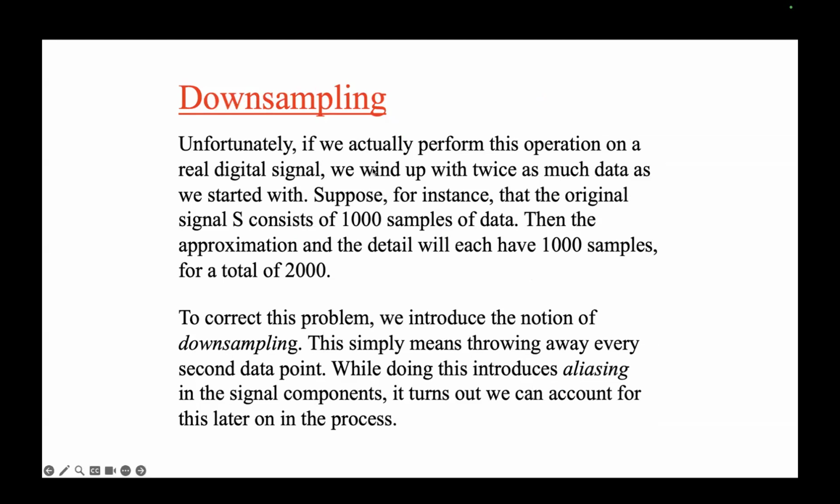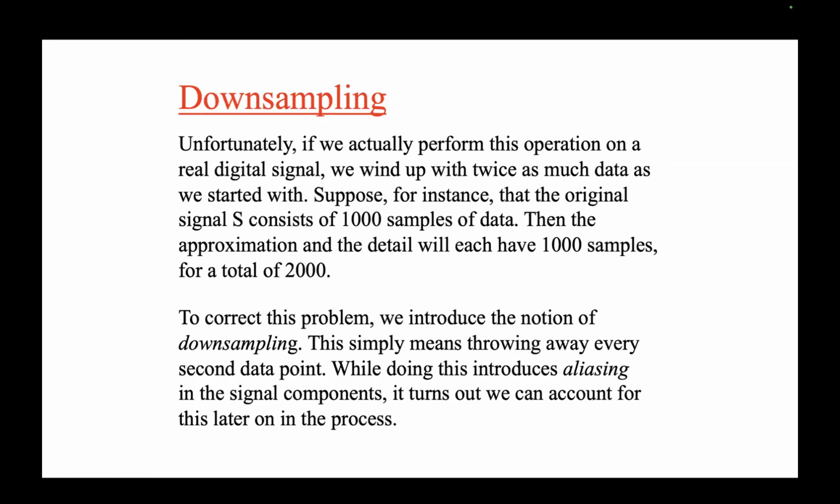Now, the problem is that if we perform this operation on a real signal, we wind up with twice as much data as we started with. For instance, if the original signal consists of 1000 samples, then the approximation and detail each will have 1000 samples. To correct this, we introduce the notion of downsampling. This simply means throwing away every second data point.